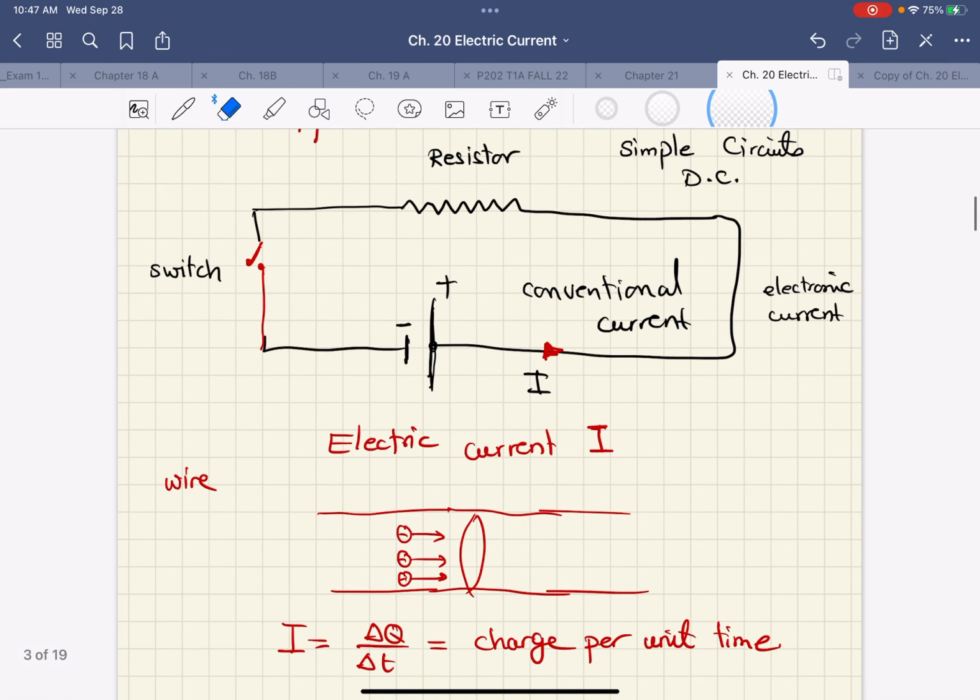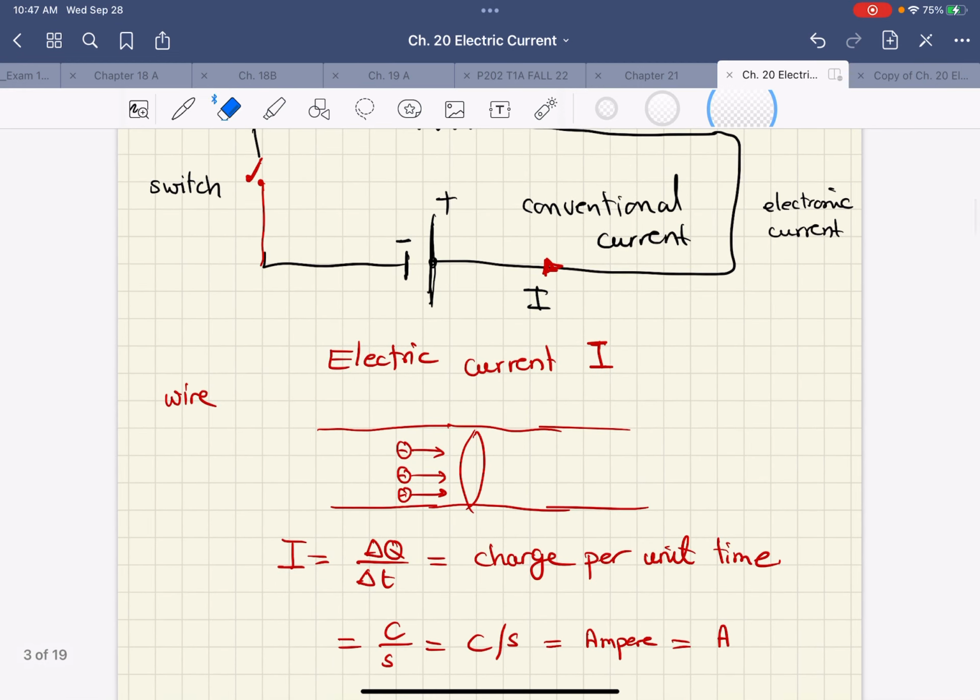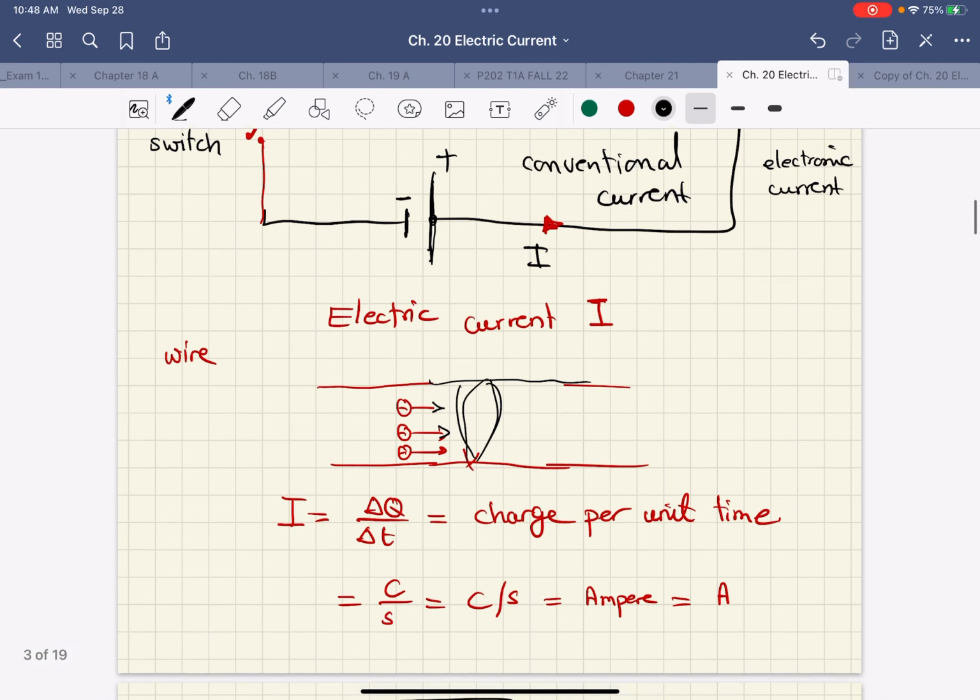Inside a wire, electrons are going to cross a certain area in the wire, as if I'm counting how many electrons go through this.